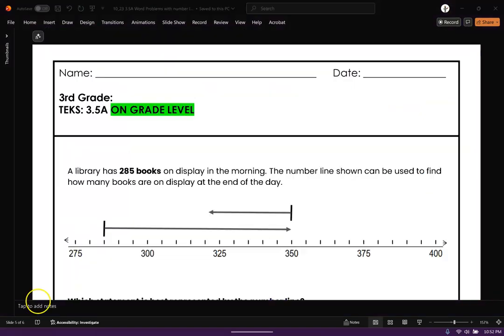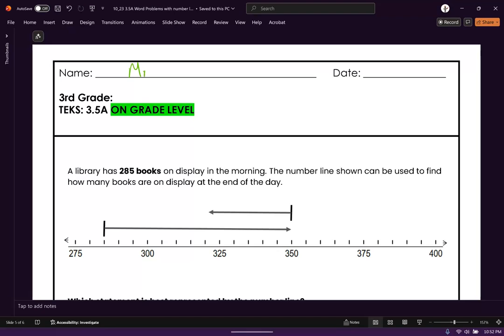Okay, next page. Be sure you put your name on it also. The date. And let's get started. A library has 285 books on display in the morning. The number line shown can be used to find how many books are on display at the end of the day.